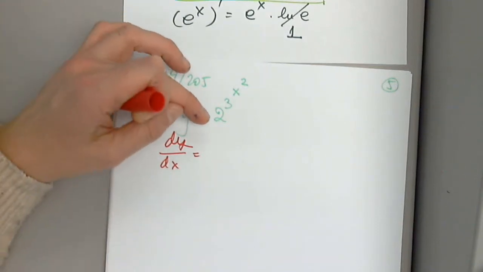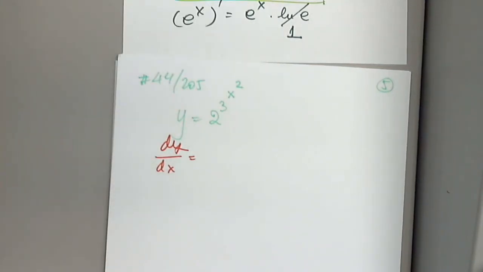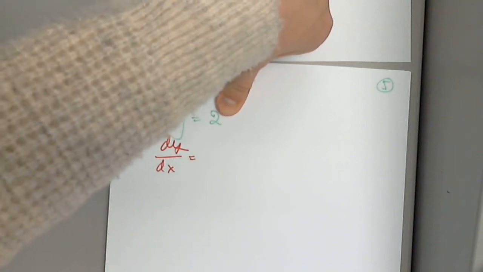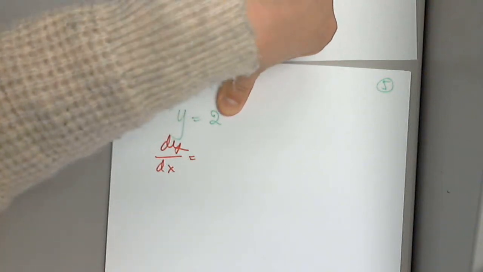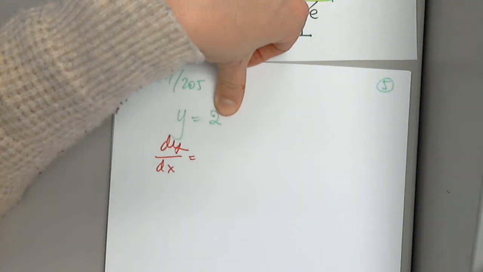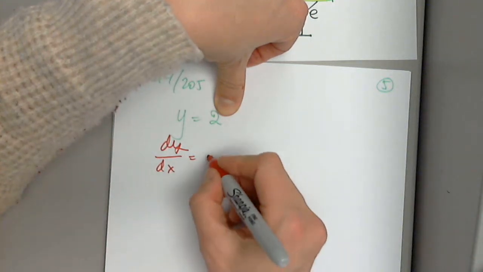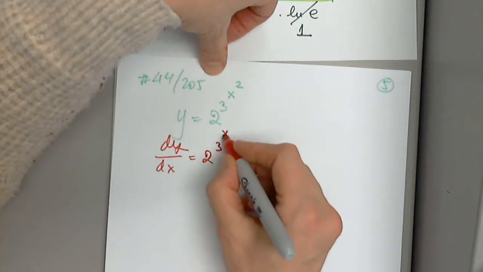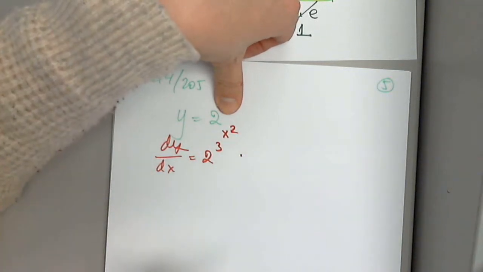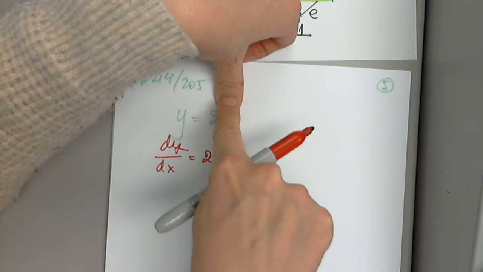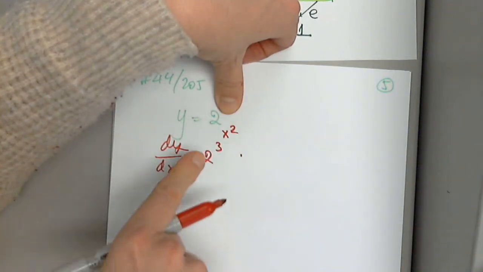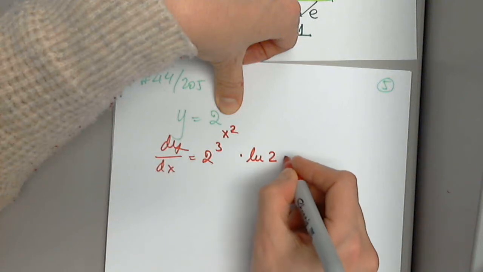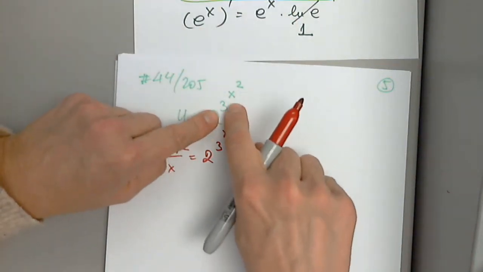We start with, so here's another suggestion. Just do this, as if there is nothing in there but just a function. How do I differentiate 2 to this power? 2 to it, I'm going to copy it, times this function prime times natural log 2.